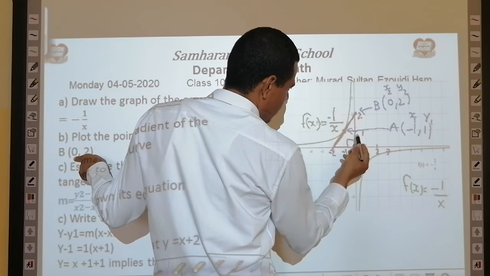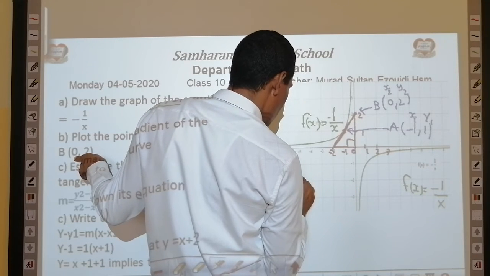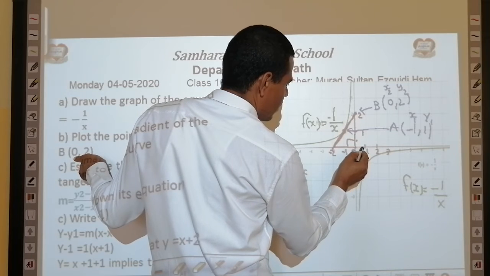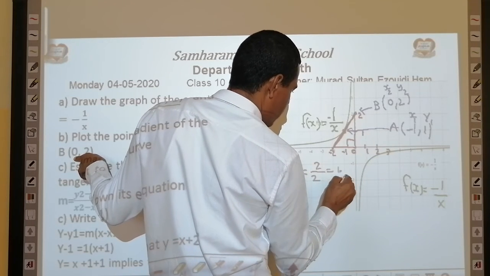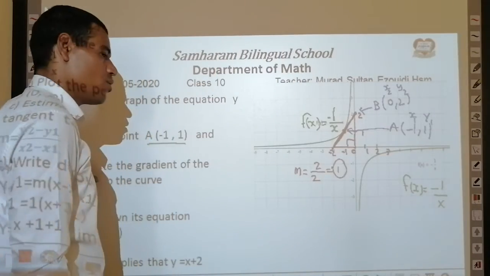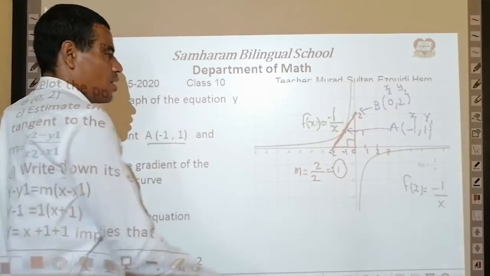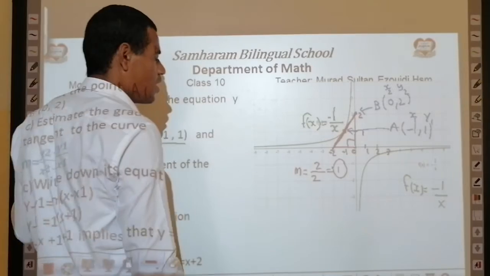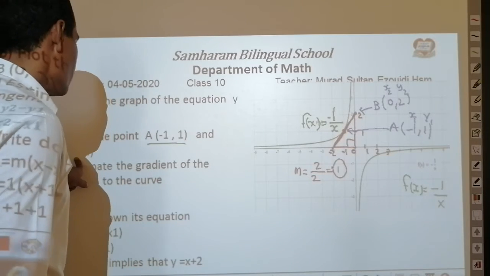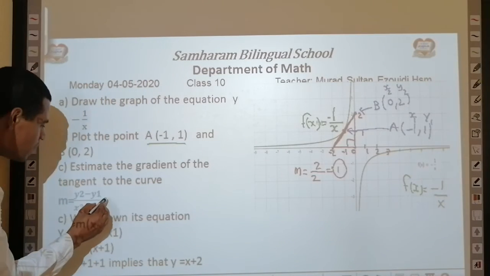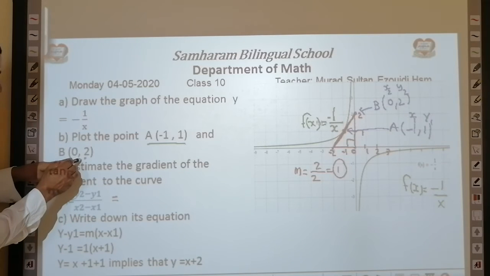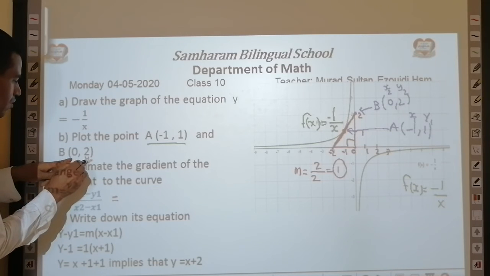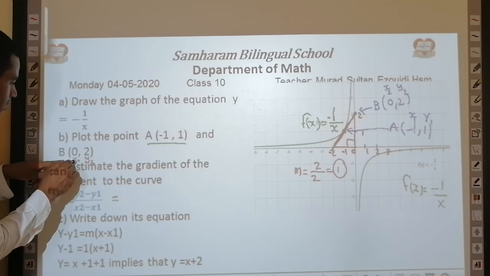You can see that. The slope or the gradient is what? It is 2 units divided by 2, which gives 1. The slope is positive. Why? Because the tangent goes upwards. So we can write here it will be equal to what? I will label this as y2 and this is x2.